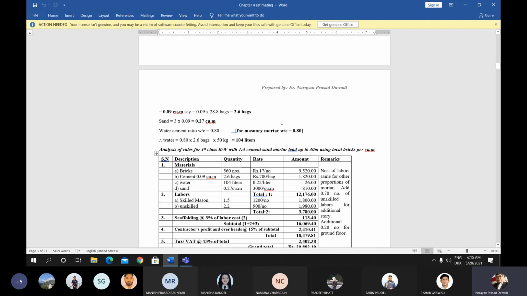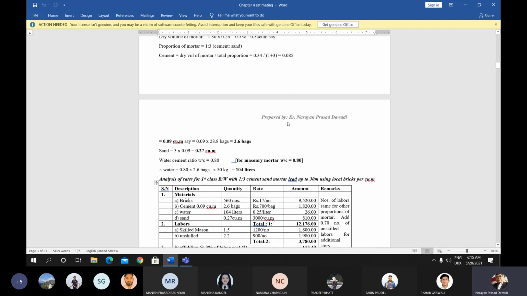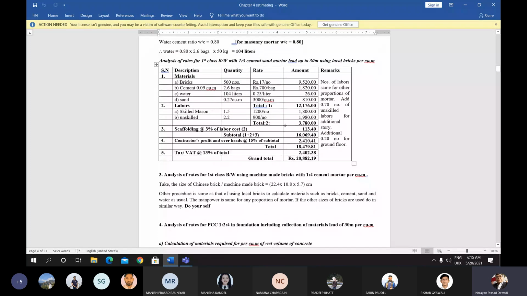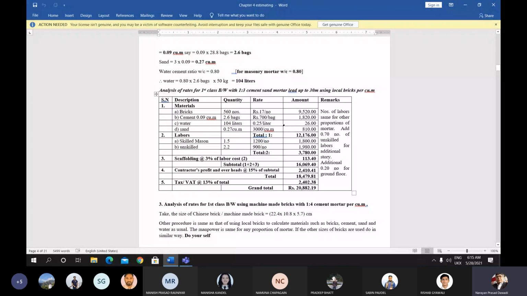Generally, we take 50 to 55% weight volume to be increased for the dry volume of the mortar. After finding the dry volume of mortar, divide it by the total proportion, and you will get the quantity of cement and sand respectively.